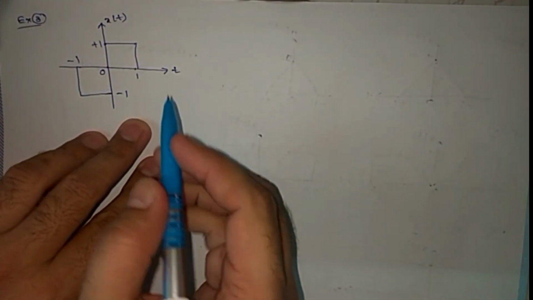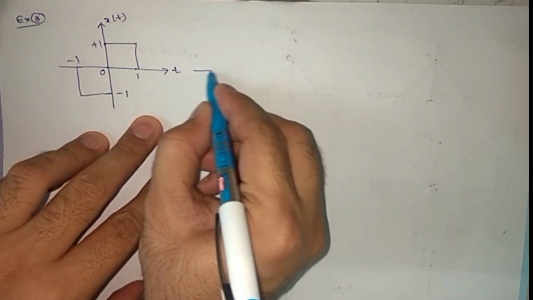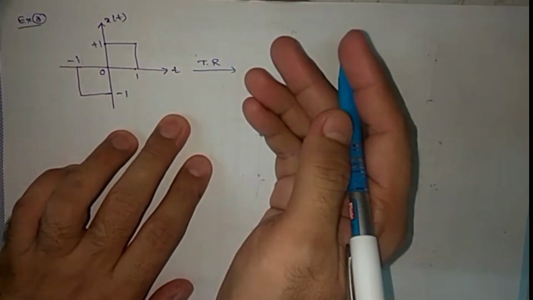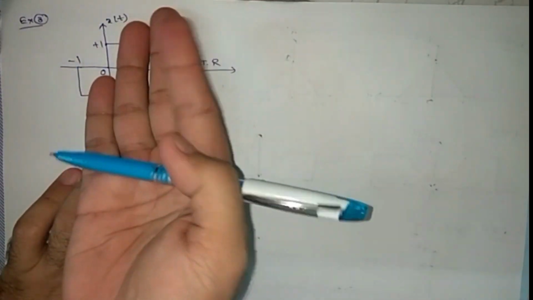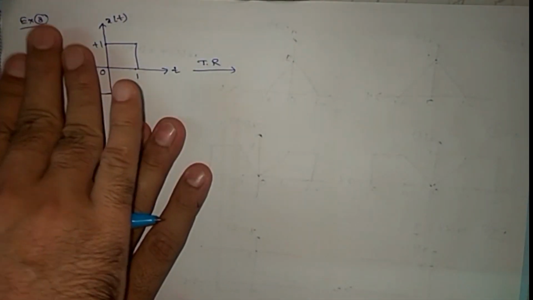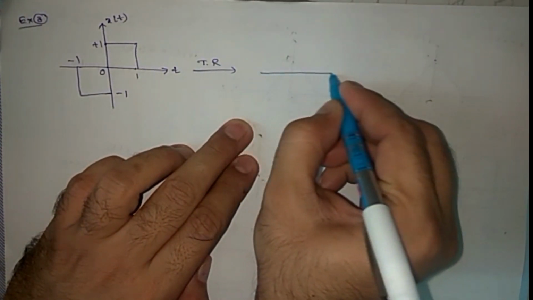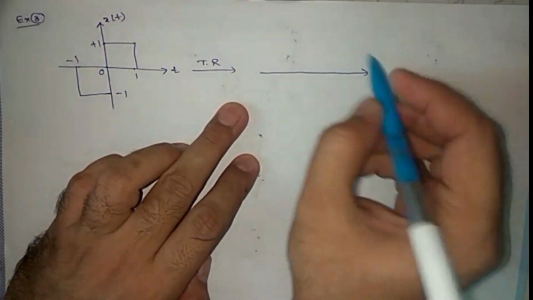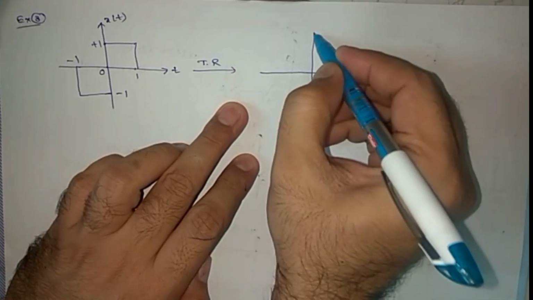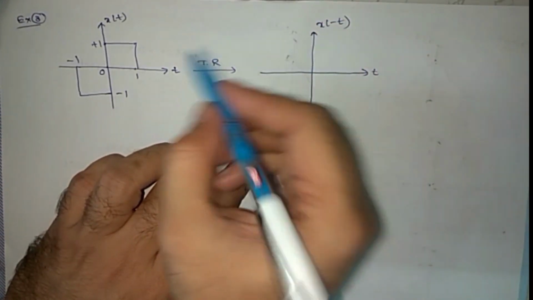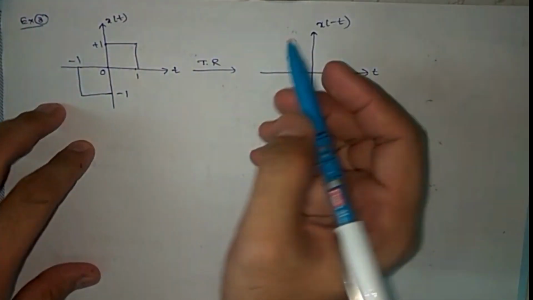Here, if you make time reversal for this, I am finding x of minus t. Whatever signal is there, I am bringing to this side. So be careful with this one. I am drawing x of minus t. If the signal comes to this side, how will it be?